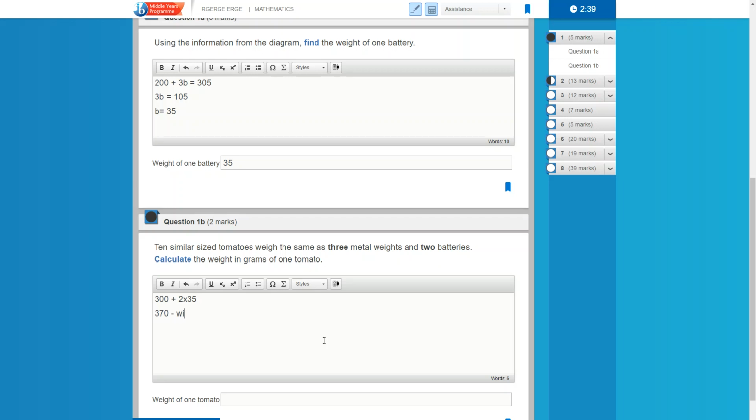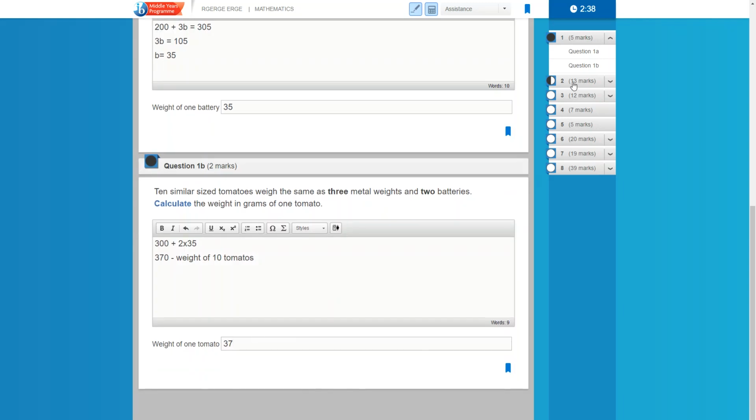That's the weight of 10 tomatoes. The weight of one tomato is then 370 divided by 10, which is 37.